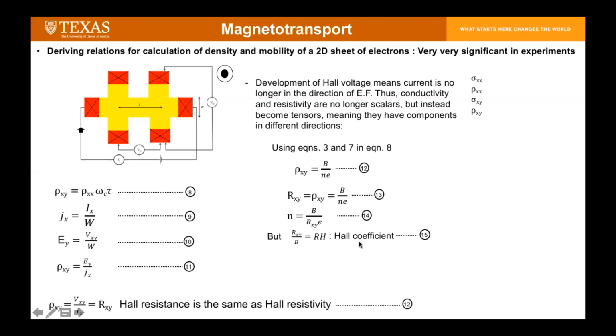So we substitute Rxy over B for Rh. And this is one of the most important results that you will find in the physics of 2D systems, which is the density for 2D systems on the basis of the Hall effect.